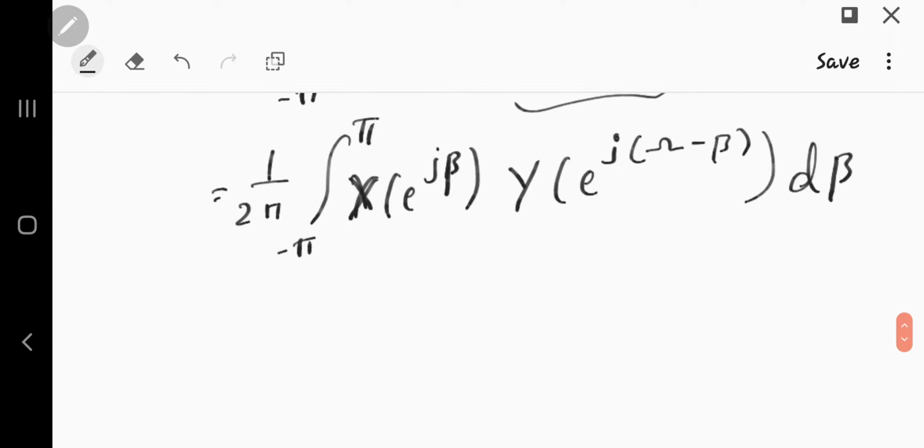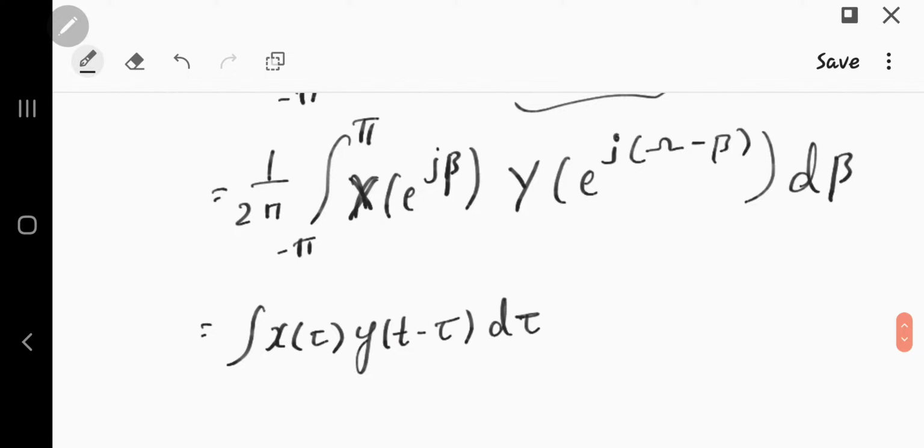if you recall the definition of the convolution integral, it says integral of x of tau y of t minus tau d tau.